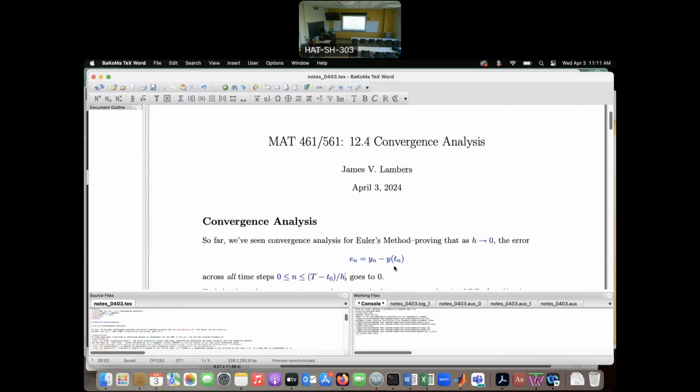Now, even though Euler's method is a really, really simple time stepping method, that proof was a bit of a pain.